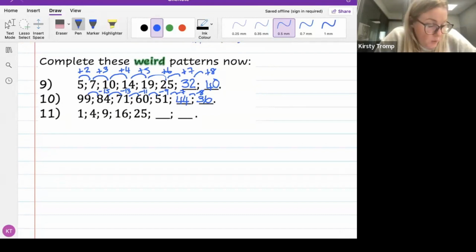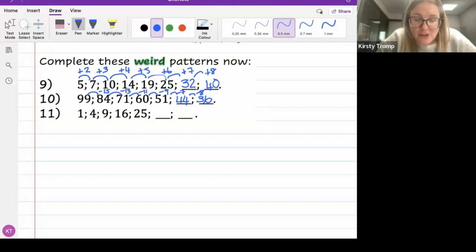I have 1, 4, 9, 16, 25. Before I even go and start adding or subtracting things, those numbers should start looking very familiar to you from the beginning of this term. One of the first topics we did at the beginning of this term. Fantastic. I'm seeing Lorona. Well done. They are square numbers. Okay, good.